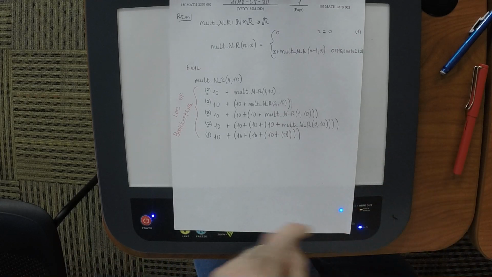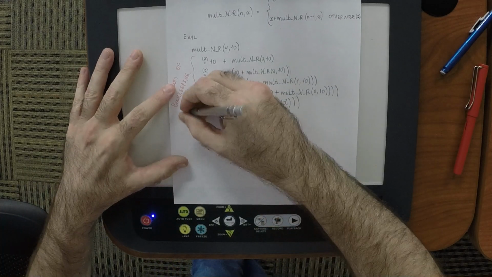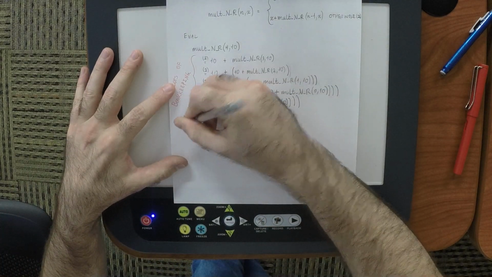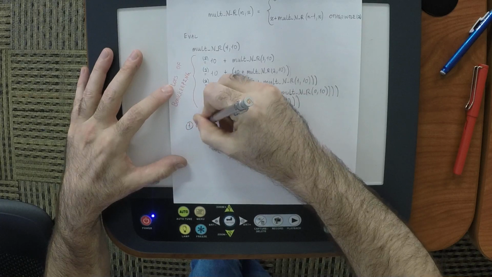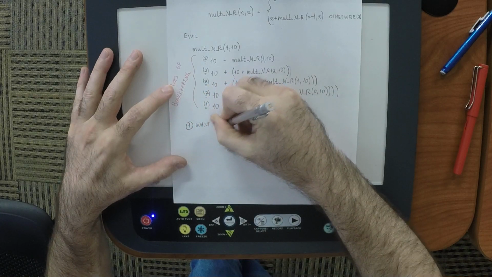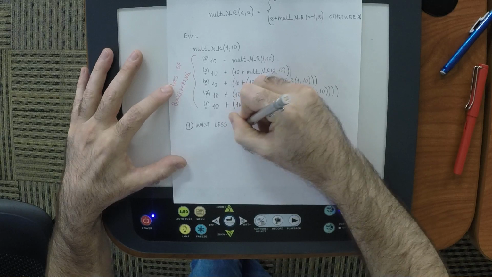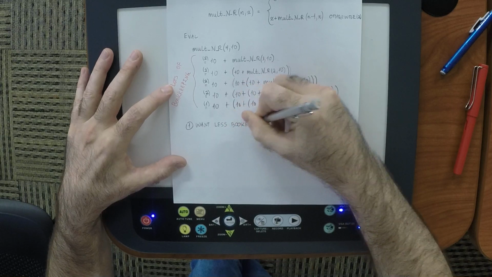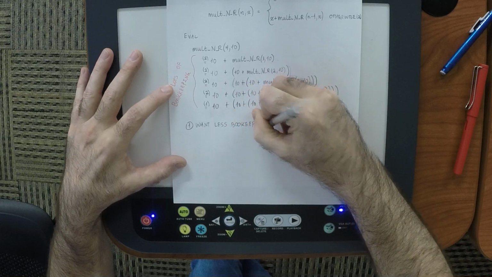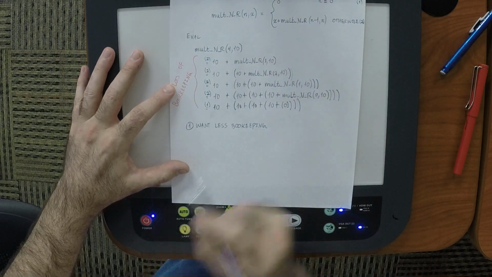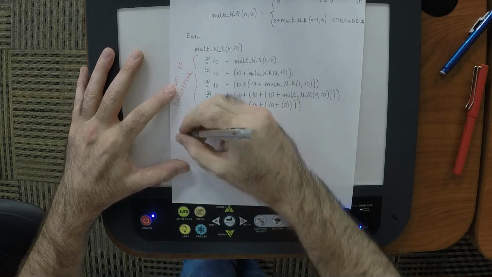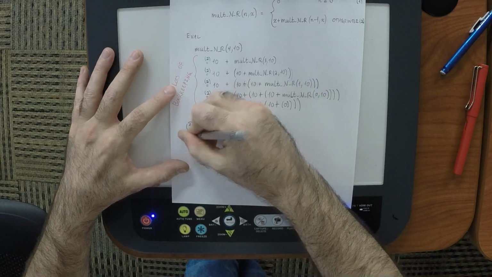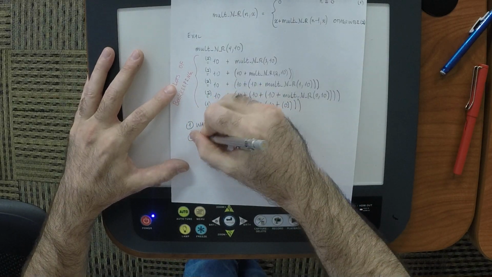Okay, so there's two problems. We want to do less bookkeeping, so that we don't have all this parentheses blow up. And also, we'd like to use far fewer steps.